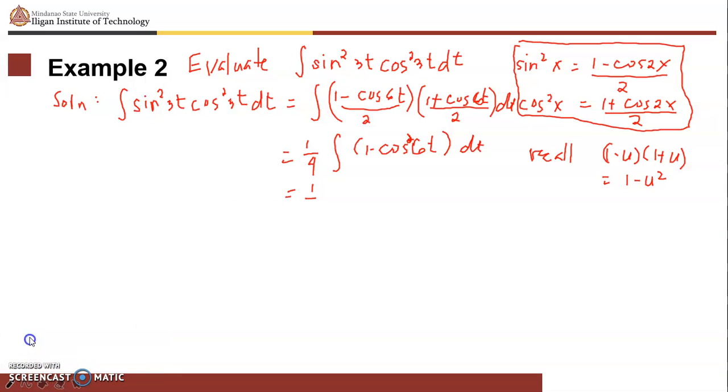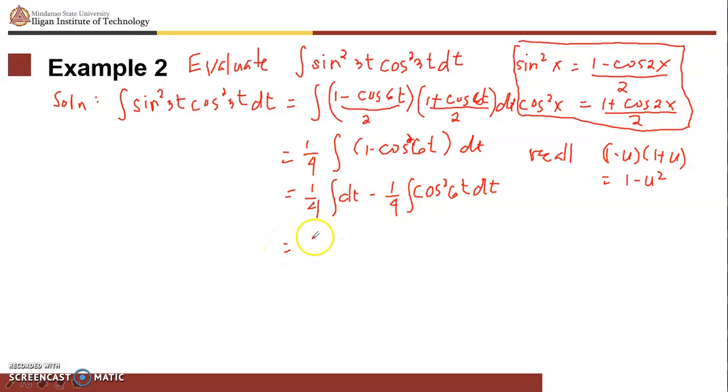We can rewrite that as 1/4 integral of 1 dt minus 1/4 integral of cosine squared of 6t dt. But again, this is an even exponent, so you can make use again of 1 plus cosine of 2x over 2.